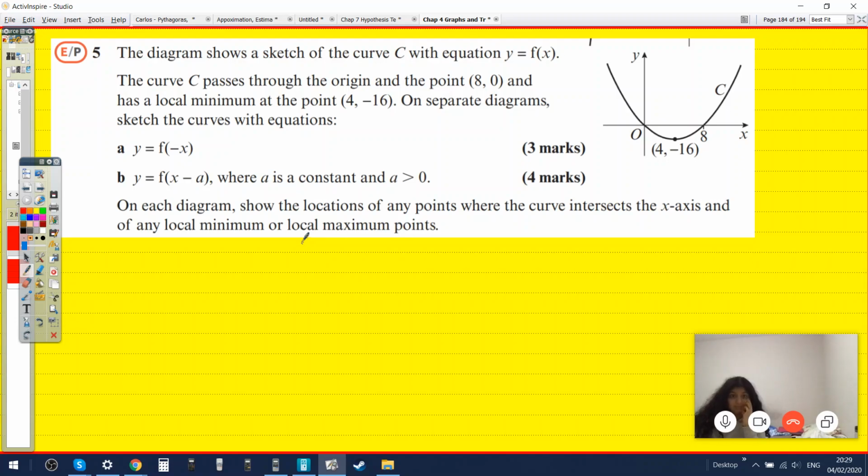I don't think so. So what is x minus a in general? And so what would 4, minus 16 become if it was translated a units to the right?